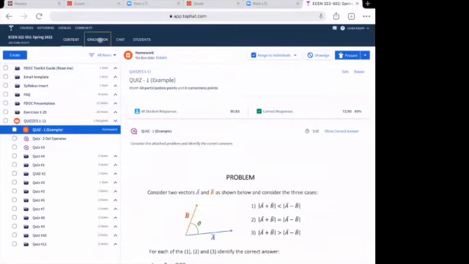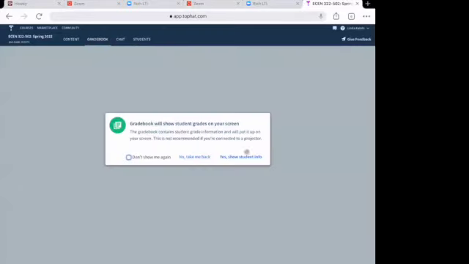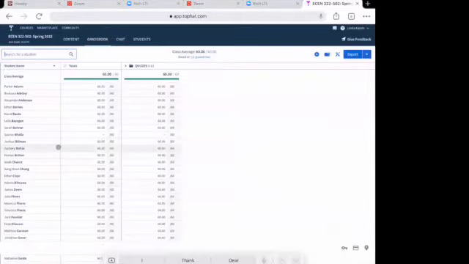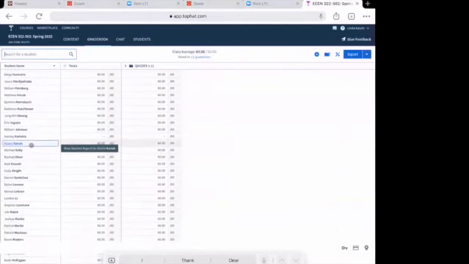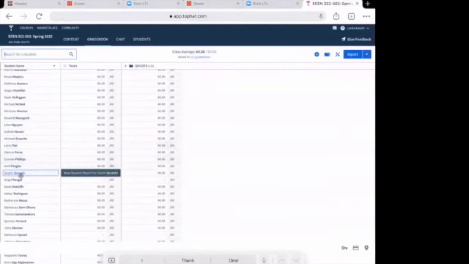Grade book. Marcos Perez. Oh, you have a grade here. You got 60 out of 60. Okay, got it. Why do I not see that? I don't know. On my grade book, it just doesn't show anything. Are there any other sections other than grade book?